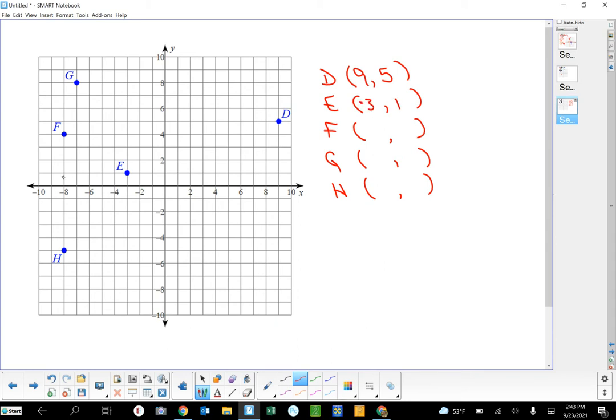F is over -8, up 4. G is over -7 and up 8. And H is over -8 and then down -5. Okay? So these must be enclosed in parentheses, as ordered pairs.